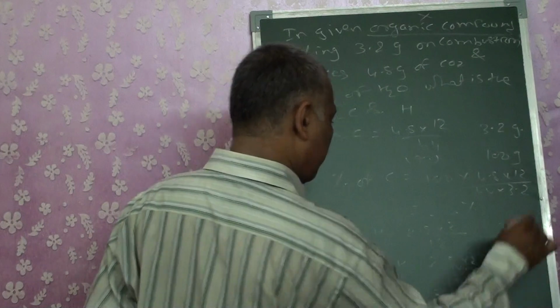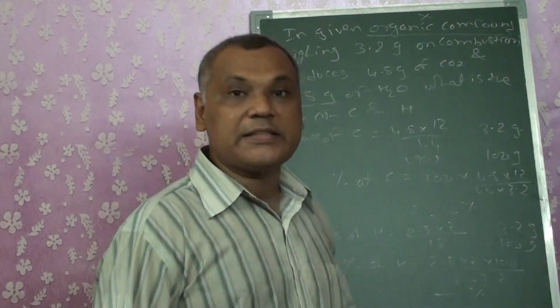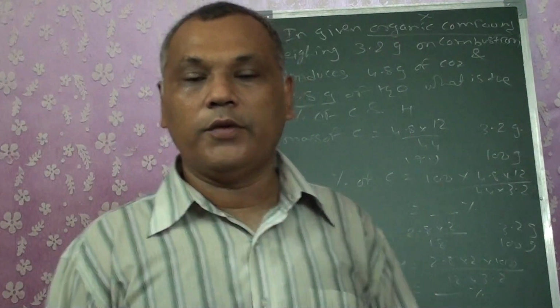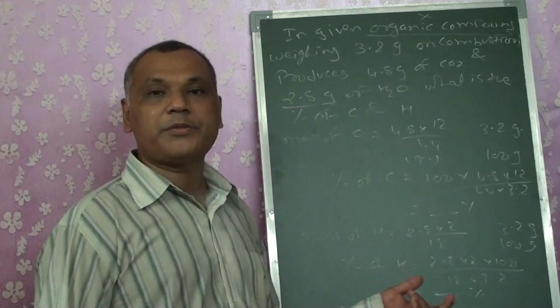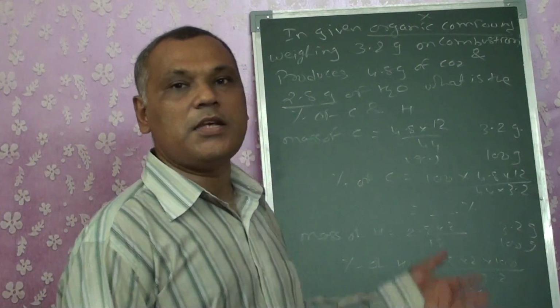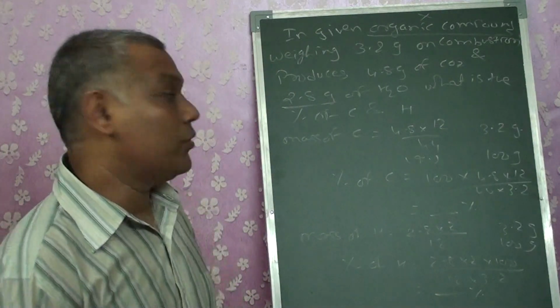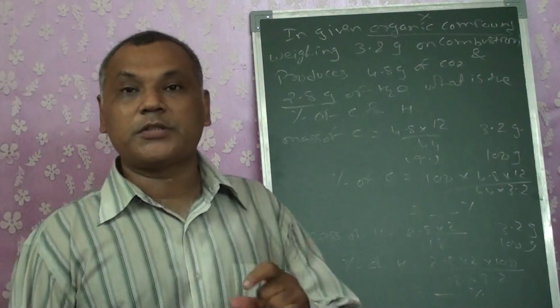If these two totals equal 100, then oxygen is absent. If the total is not equal to 100, then the rest is oxygen. So this is another method to calculate the percentage.